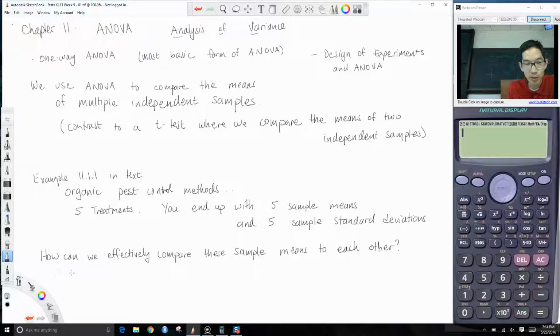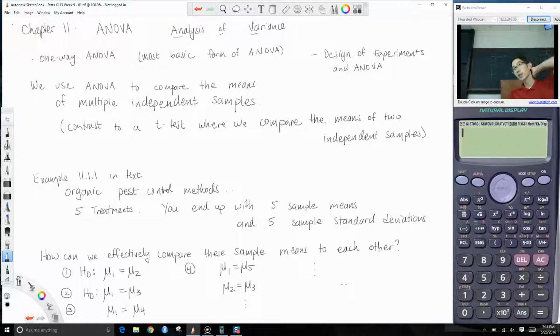So we could have the first test, the null hypothesis, be is mu1 equal to mu2, and then the next test could be is mu1 equal to mu3, and then is mu1 equal to mu4, and so on and so forth. And you would have is mu1 equal to mu5, is mu2 equal to mu3, and so on. I think there would be a total of 10 different tests, okay?